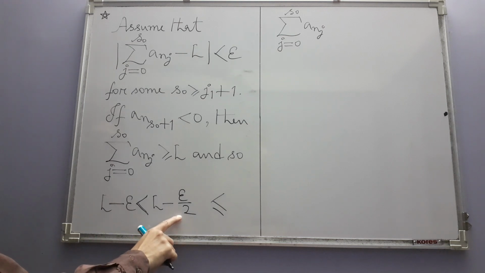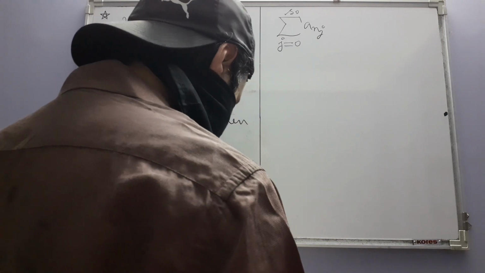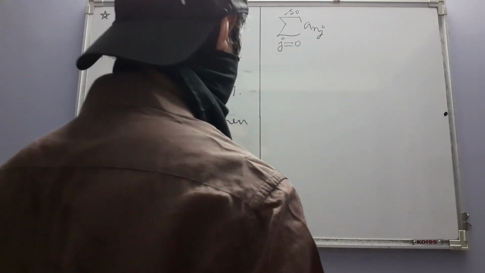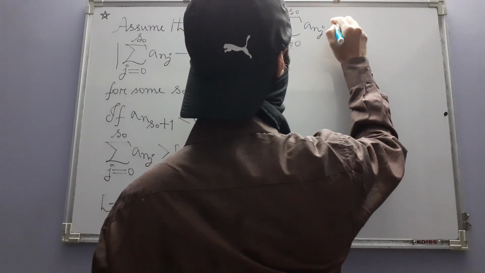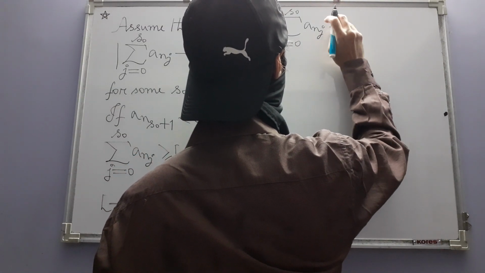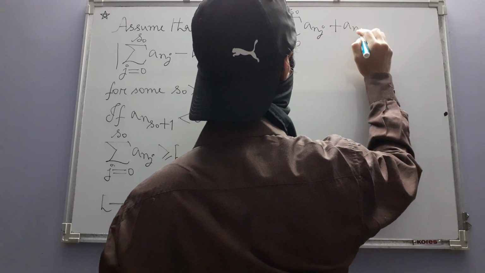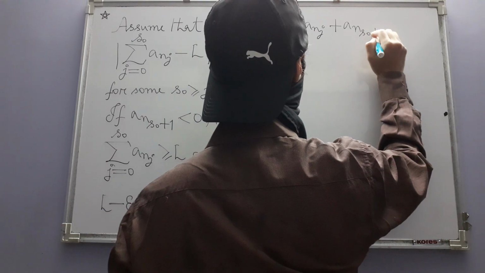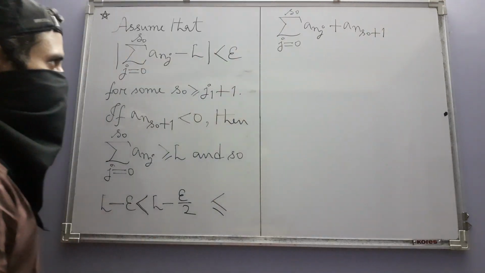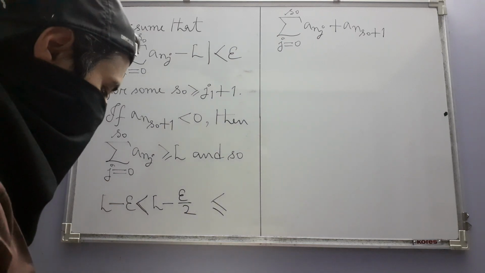But in place of minus epsilon over 2, we are going to replace that with this a n S naught plus 1, that too with a plus sign. Why that is so, I am going to the why part afterwards.